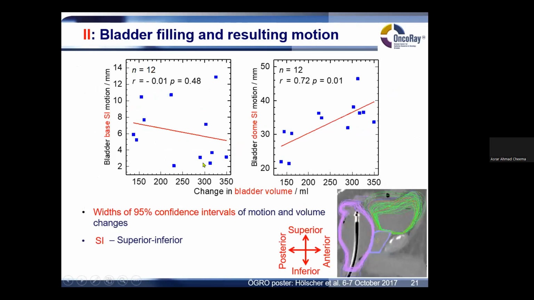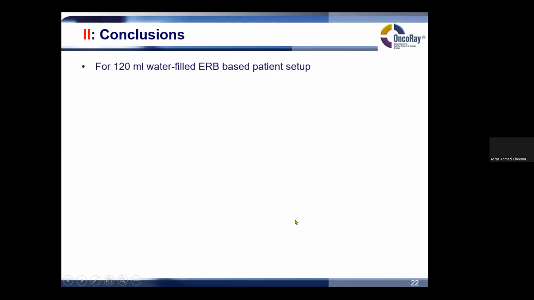And we can see that when bladder volume changes, there is no effect at the base. It is not correlated with the bladder base motion. However, it is fairly well correlated with the dome SI motion. Actually, when bladder fills up, it moves upward instead of moving downward, thereby not affecting the prostate motion in superior, inferior, or any other direction.